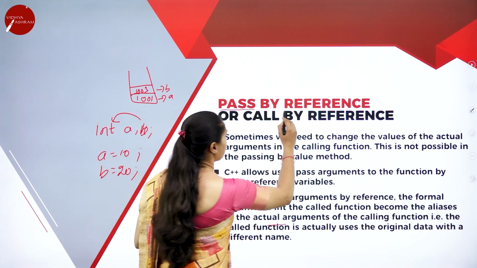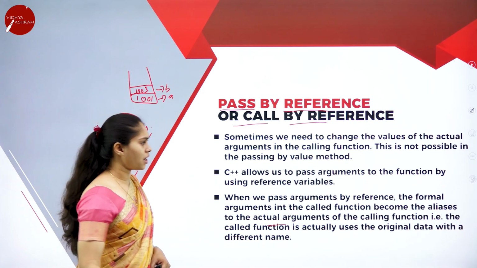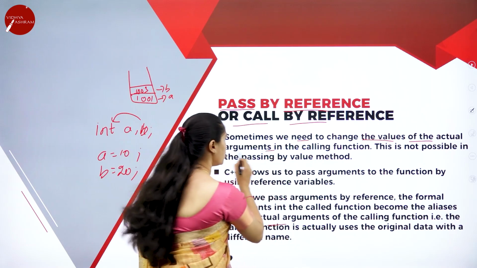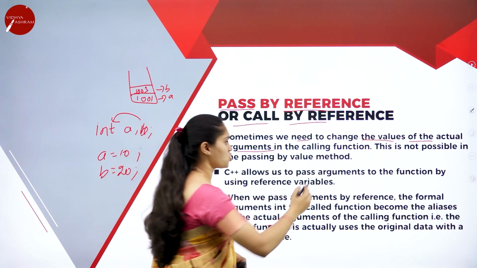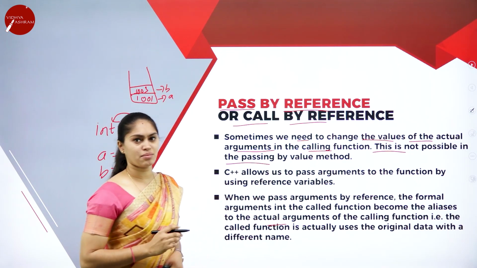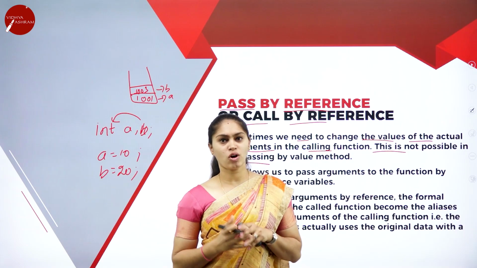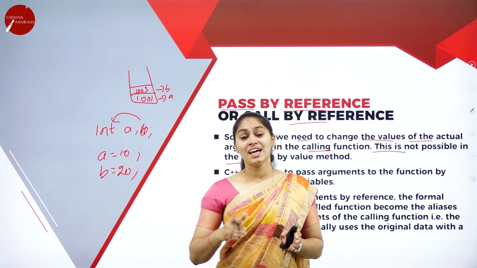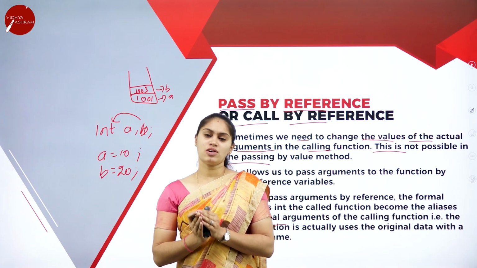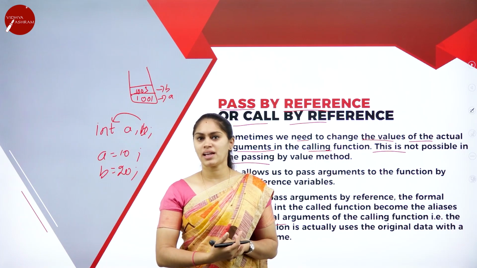Second type is pass by reference or call by reference. Sometimes we need to change the values of the actual arguments in the calling function. This is not possible with passing by value, because whatever value I have sent from the calling function to the called function in pass by value, I can work only with the values of actual arguments in the formal arguments or formal parameters.